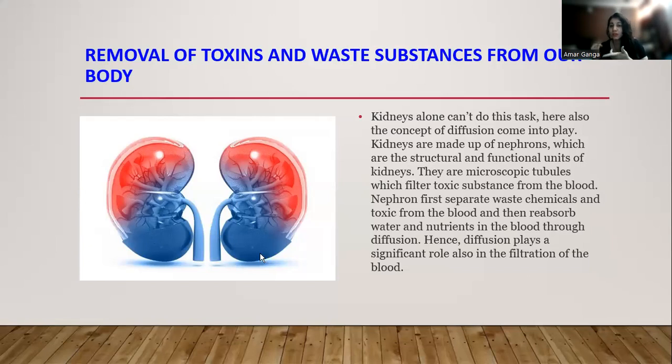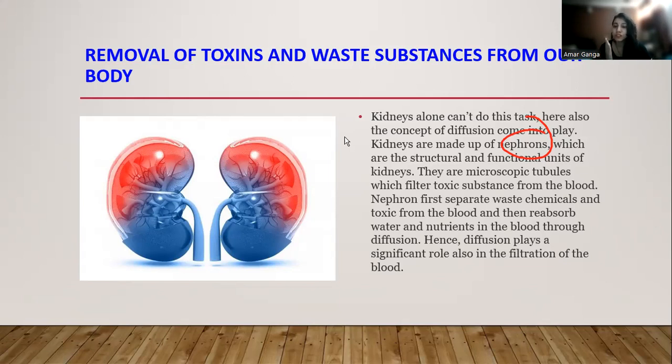So kidneys alone can do this task because the kidney has the smallest structures, and the name of the smallest structure is nephrons. Okay, so these are tube-like structures that help to filter blood, that remove the toxic substances, waste, chemicals, and the blood again reabsorbs water and nutrients through the diffusion process.